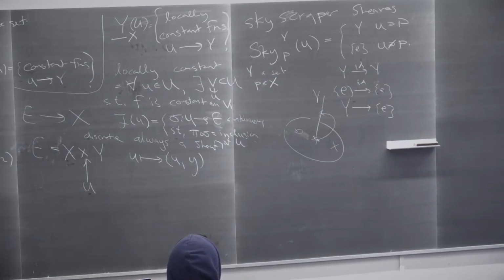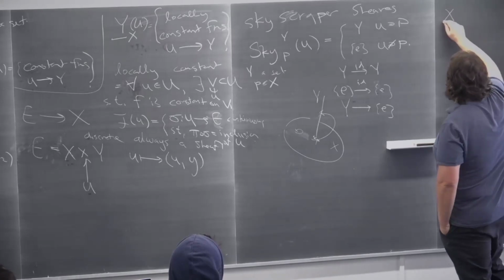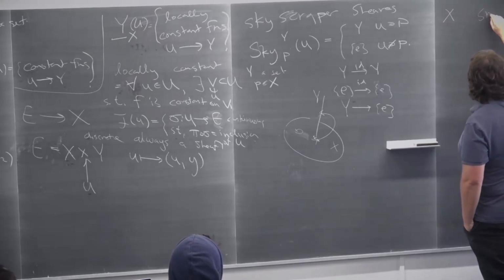So you shouldn't only think about the Zariski topology, right? We're mostly going to be working with the Zariski topology on schemes in this course, but these notions still make sense in other categories. So for example, I might take X to be a smooth manifold.